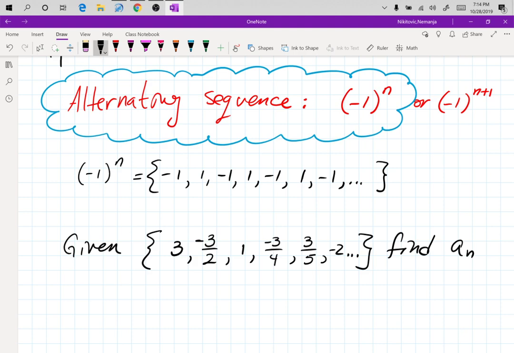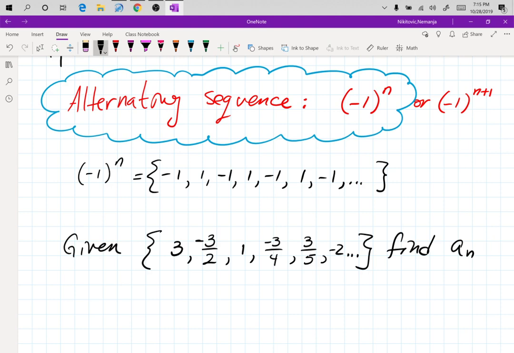So the first thing that you see looking at this is plus, minus, plus, minus, plus, minus, right? So you know that whatever you come up for the sequence will be multiplied by some version of negative 1 to the n.